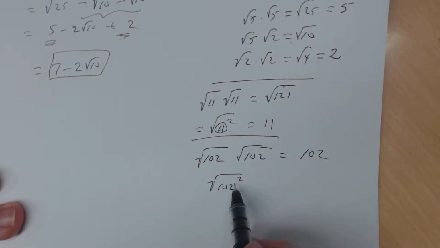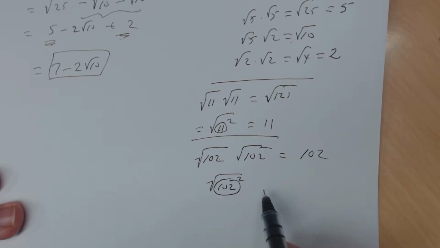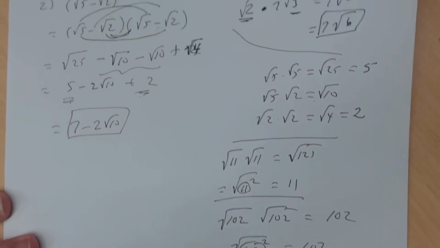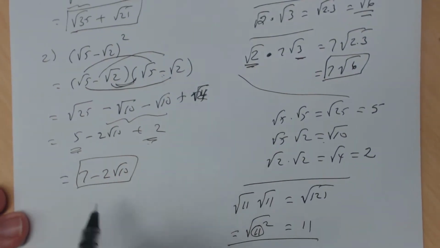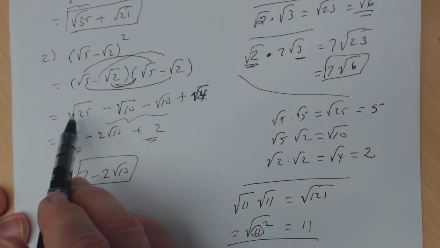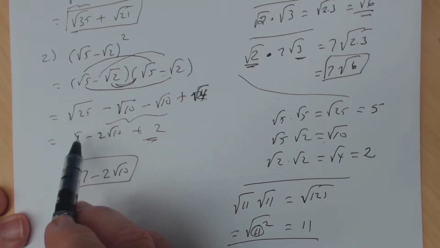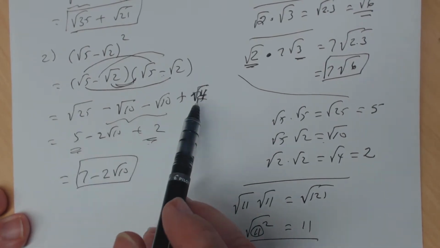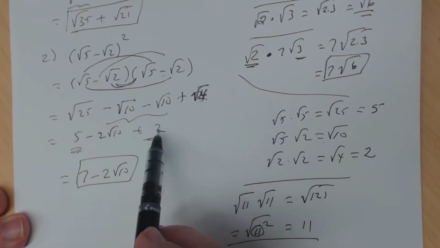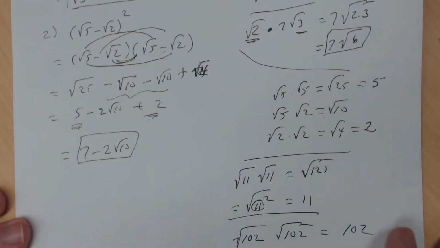And when you square a whole number, that's going to be a perfect square, and the square root of that's going to just be this number right here, 102. Okay? All right, so just keep that in mind as you go through this. Now, if you didn't see it, you can go ahead and say the square root of 25, but you have to simplify. That's 5. You can say the square root of 4, but you have to simplify it. That's just 2.